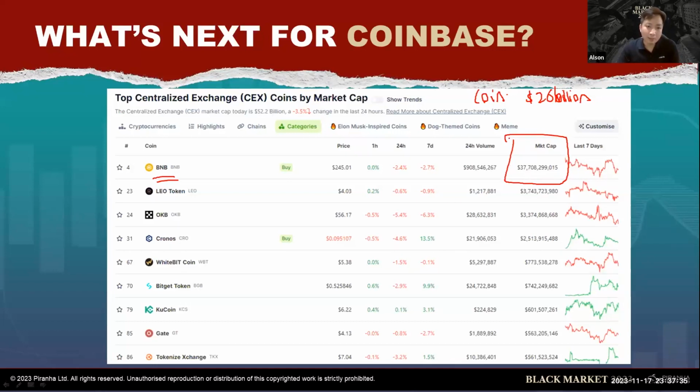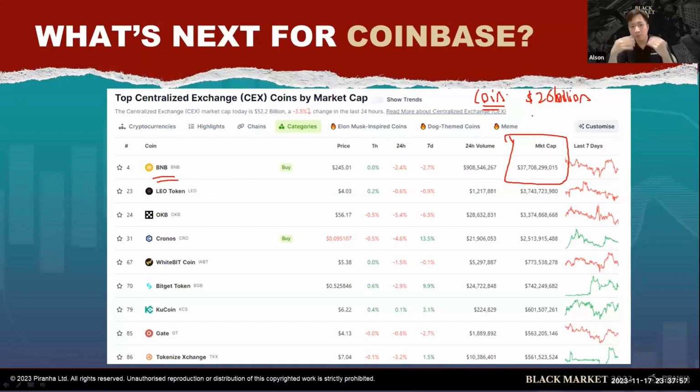No offense to Binance, I like Binance, just that I think eventually Coinbase will exceed BNB in terms of market cap. So based on the current price, I think there's at least one more X, especially right now when the crypto market is in a bull run.